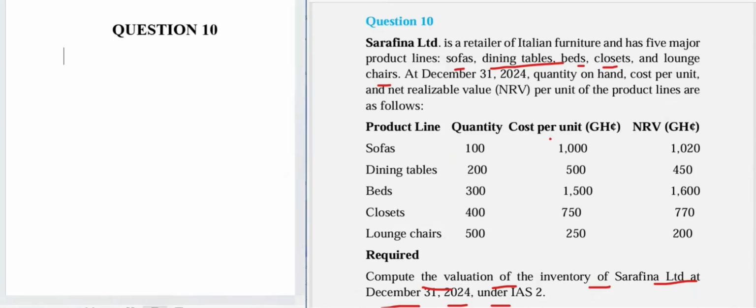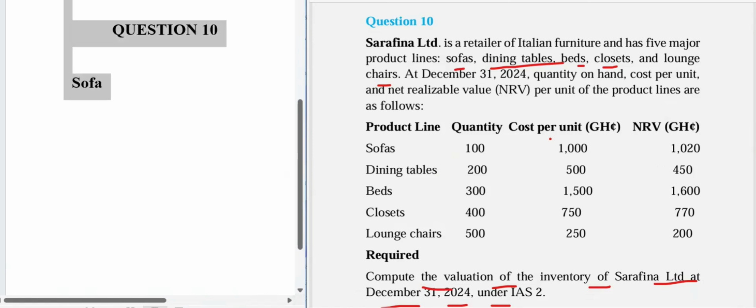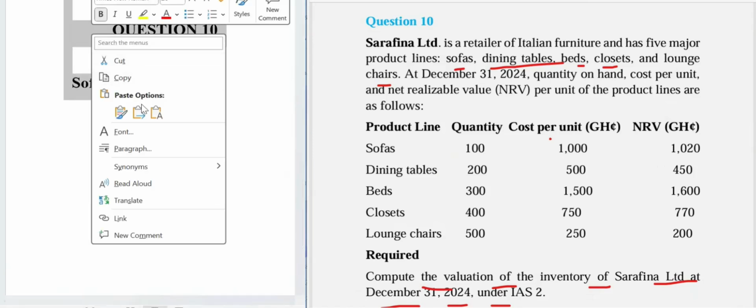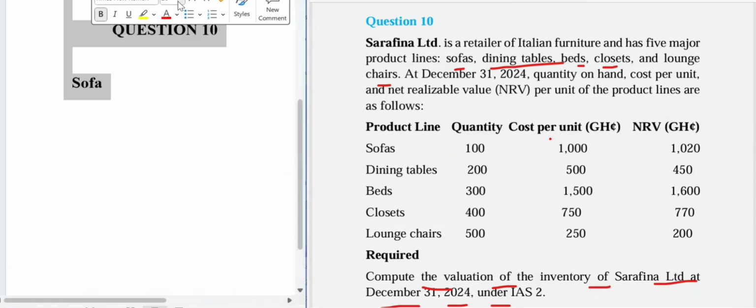So here you have to value them one by one, right? Line by line. So we start with sofa. Now when you pick sofa, what is the cost? And then what's the NRV?